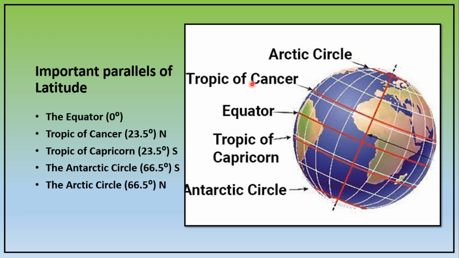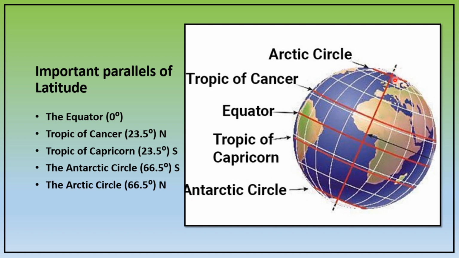For example, the earth is tilted at an angle of 23.5° from its vertical. If I draw a line from here, then this angle which the earth makes with its perpendicular is 23.5°. That is why the Tropic of Cancer and the Tropic of Capricorn are at 23.5°.